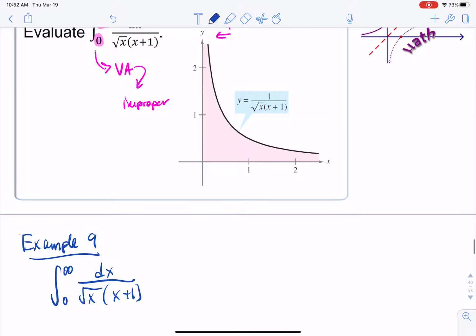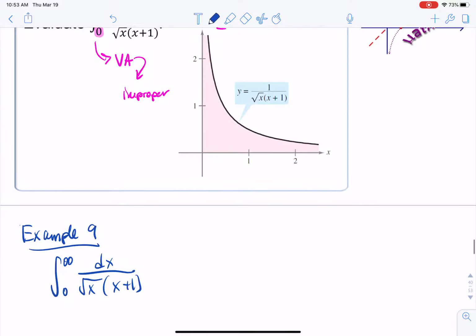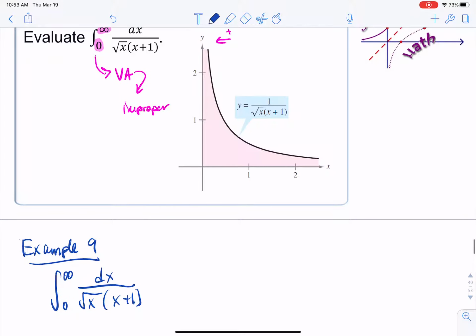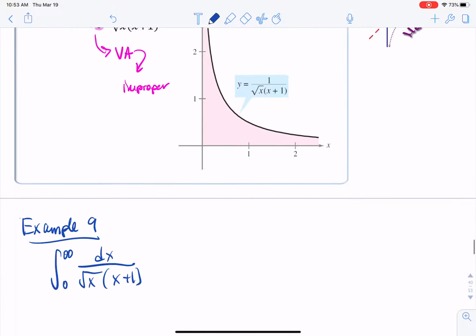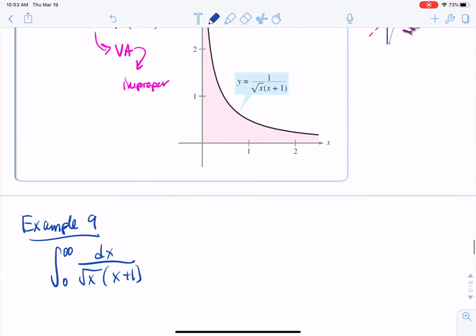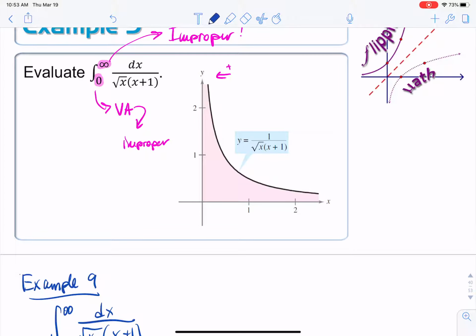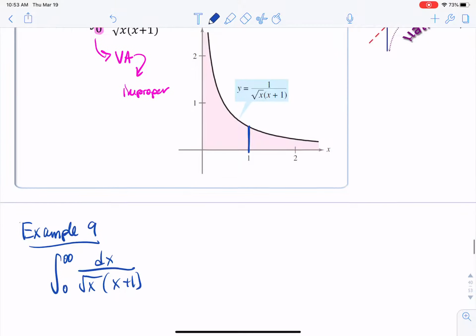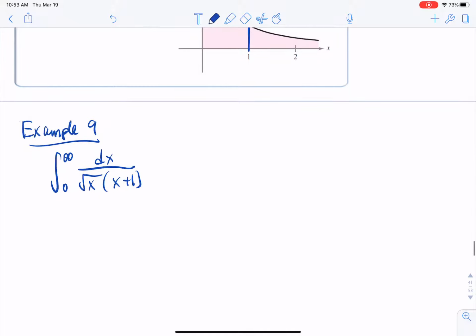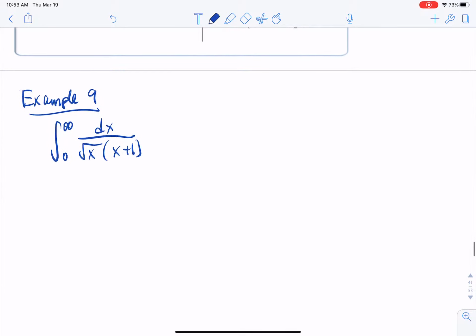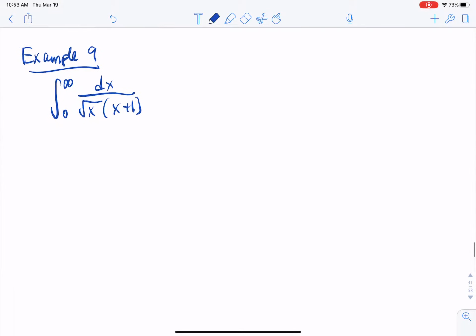I do need to break it up because I've got two different things happening. Where should I break it up? What makes a lot of sense? Well, I usually break things up at 0 because 0 is easy to work with, but I can't do that one. So I'm going to take the next best thing and let's break it up here at 1. You can break it up anywhere, but why not 1? 1 is usually pretty close to being as easy to plug stuff in as 0 is.